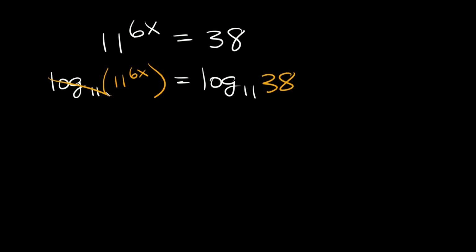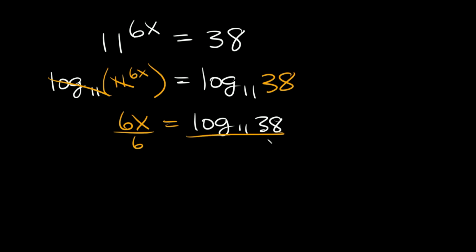So then again, on this side, the log base 11 and the 11 cancel out, so then we're just left with what's in the exponent, so 6x is equal to log base 11 of 38. Okay, and then to solve for x over here, we'll divide both sides by 6. So then we get that x is equal to log base 11 of 38 divided by 6, okay?